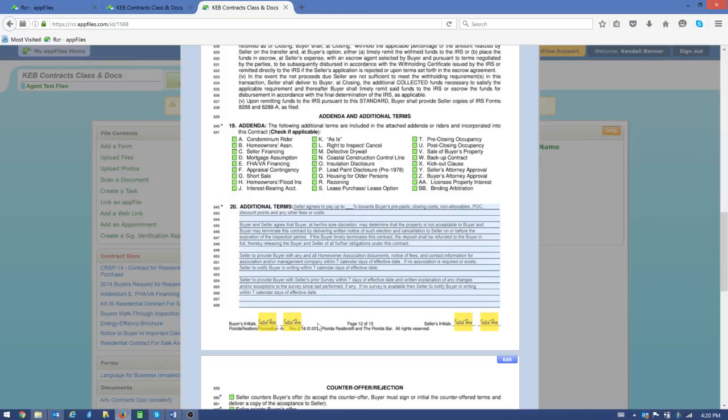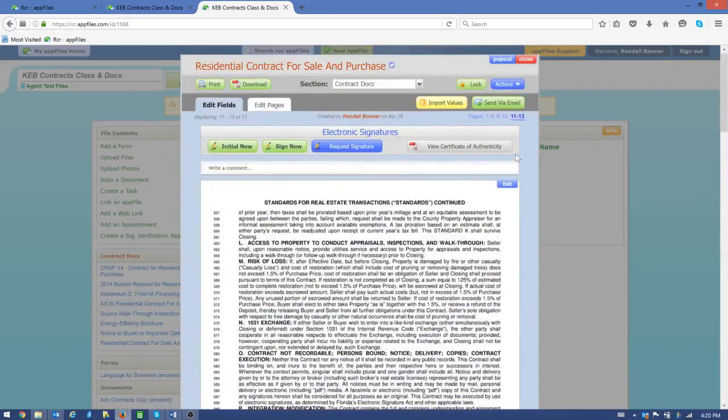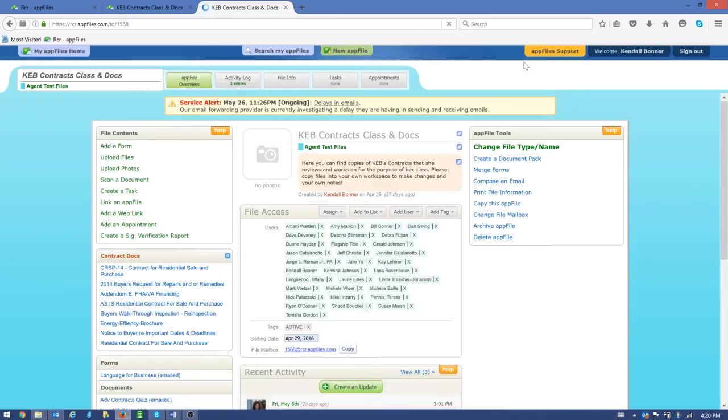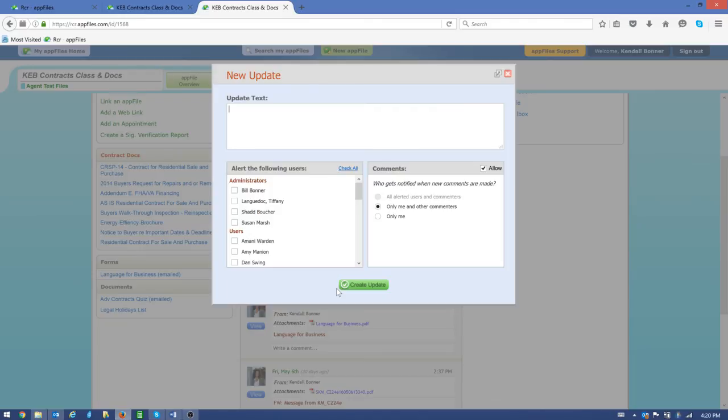And you can also put them as updates in the app file and just notice me. Okay, so if you have a question, you can create an update here and notice me somewhere, or I guess it's just only me and other commenters. And you can tag Shad in your updates and let us all know, tag all of us, and say, hey, what do I do next? Check me out.